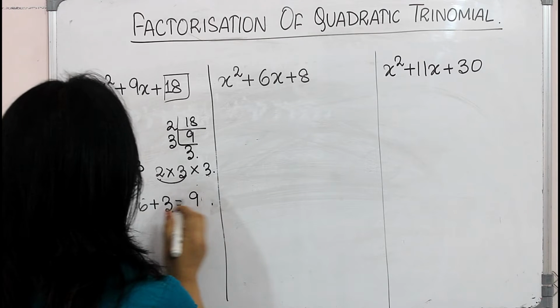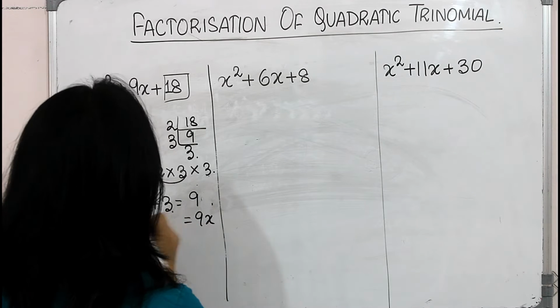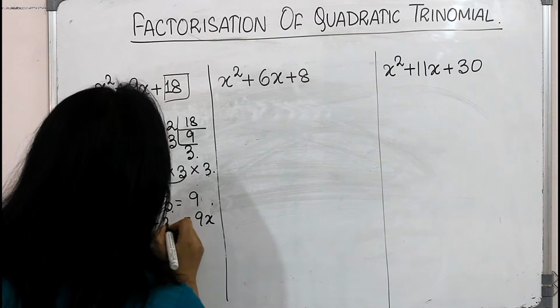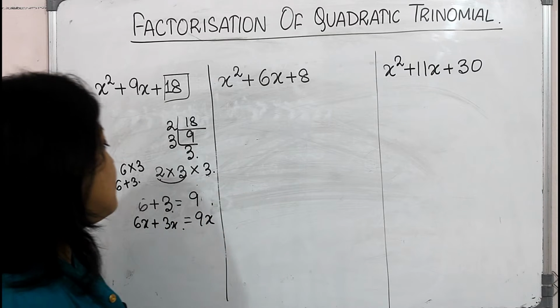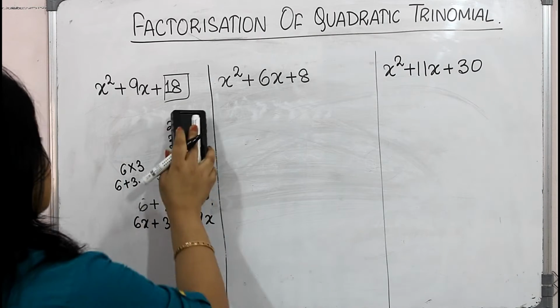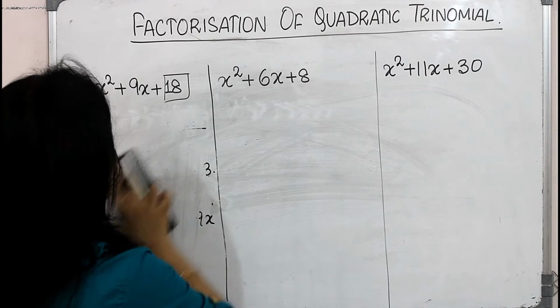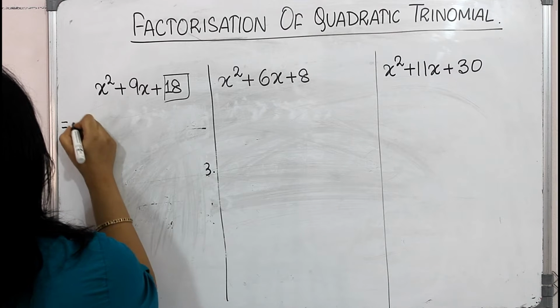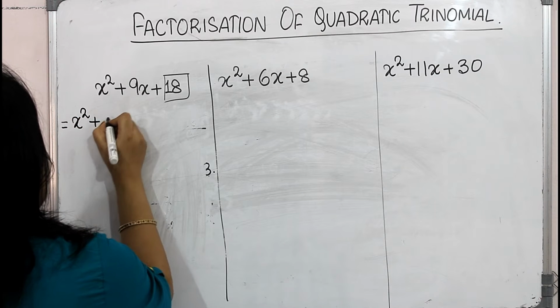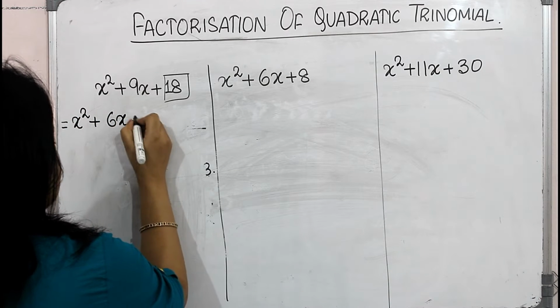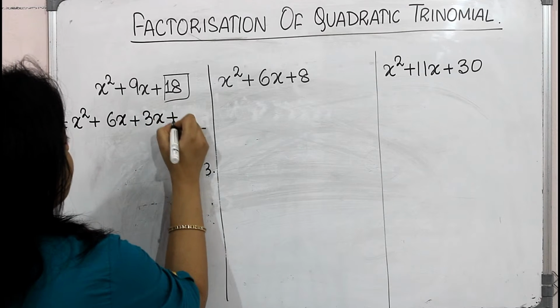Now 9x, what will be 9x? 6x plus 3x, right? 6x plus 3x will give us 9x. So let us put it here. This will be x square plus 6x plus 3x plus 18.